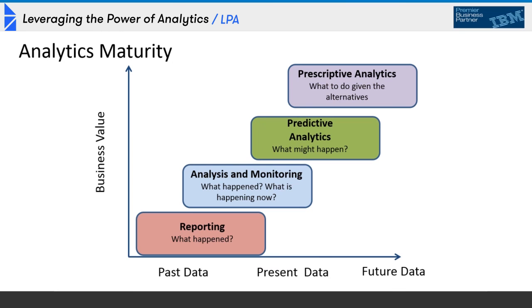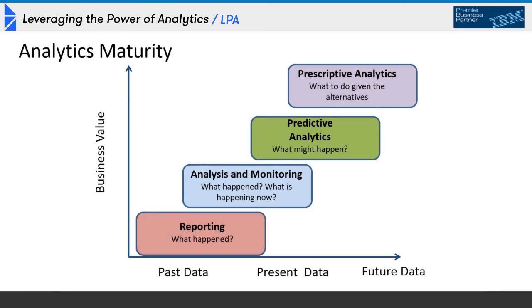Let's start by framing where predictive analytics lies in the overall analytics maturity curve. This little diagram that I have here has past, present, and future data along the x-axis and business value going up the y-axis.